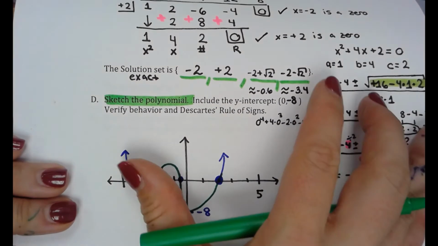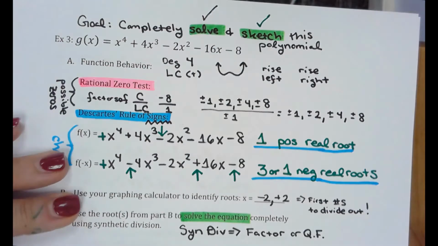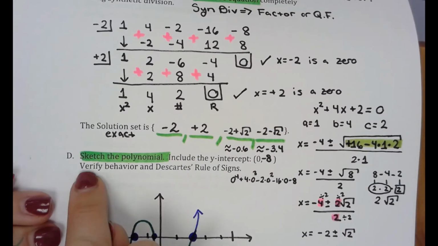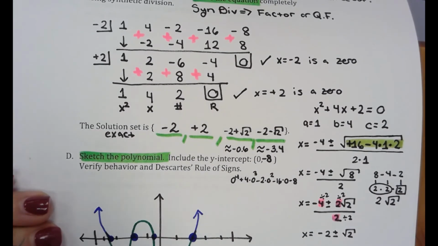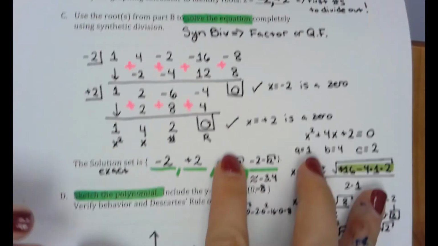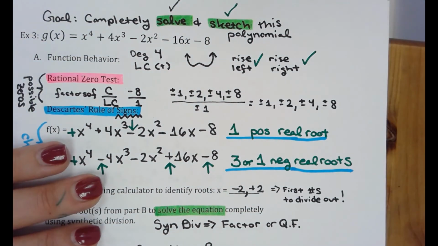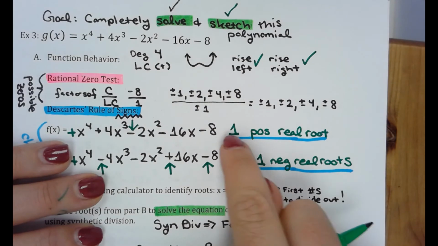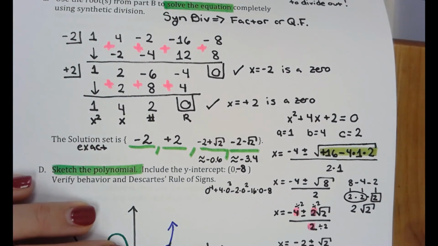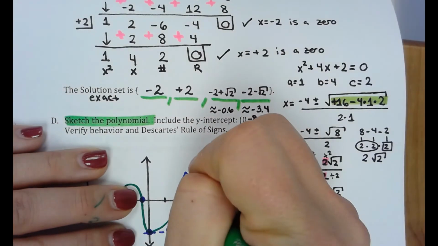Okay, so goal number 2, we sketch the polynomial. Check. And then what does it say down here? I want to verify the behavior. So the behavior is checked because we are rising to the left, rising to the right. Check, check. And with Descartes, I'm looking for one positive real root, and I'm looking at the picture right here, and it goes through only one positive answer right there.